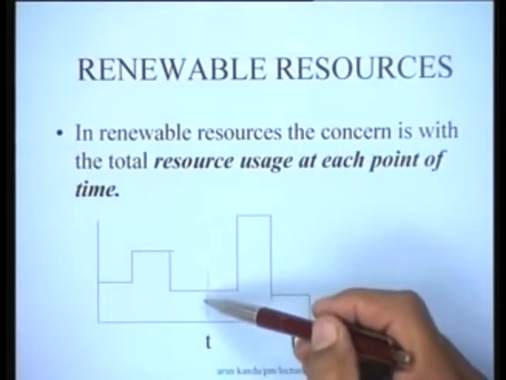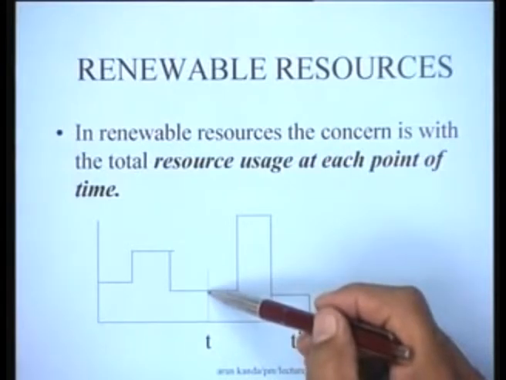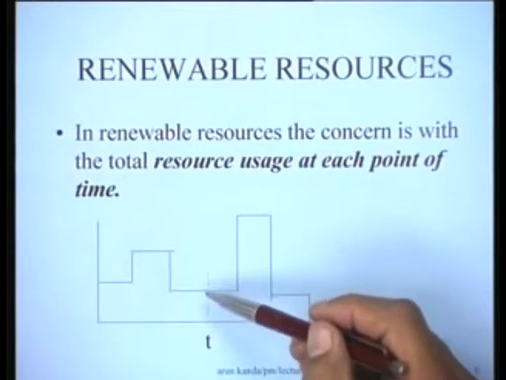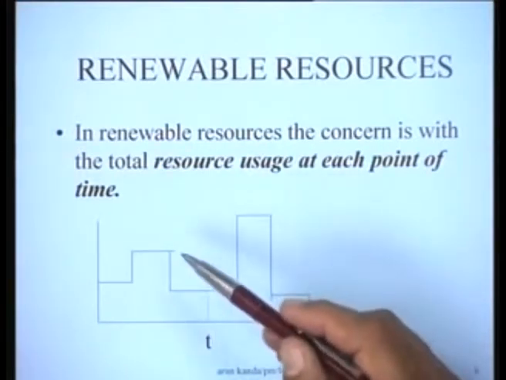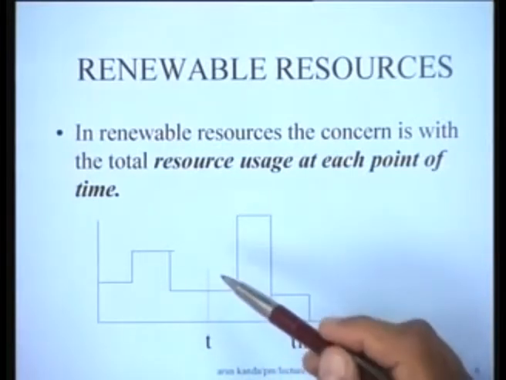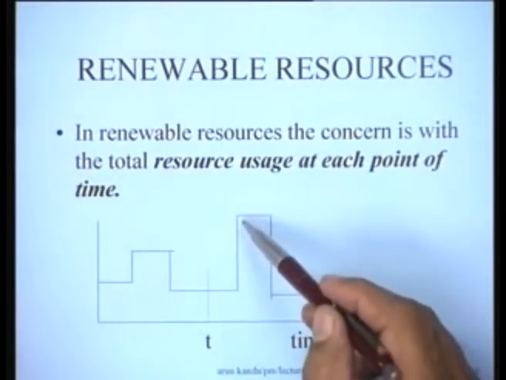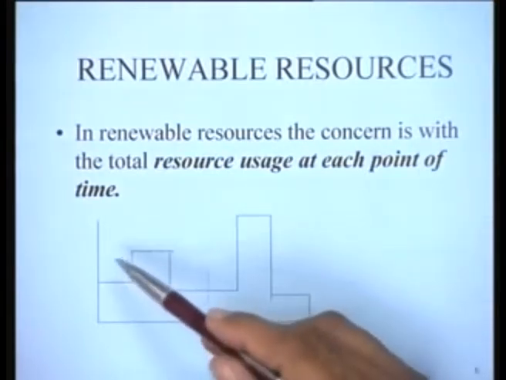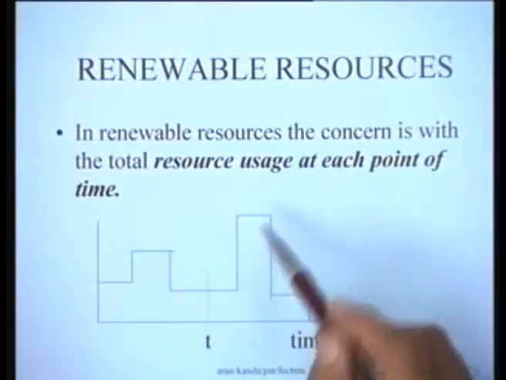Resource consumption is the integral of the resource usage in that sense. But here we could be concerned with what is the peak, or what is the minimum resource usage, or how many dips and how many crests there are in the resource usage profile, and things of this nature.